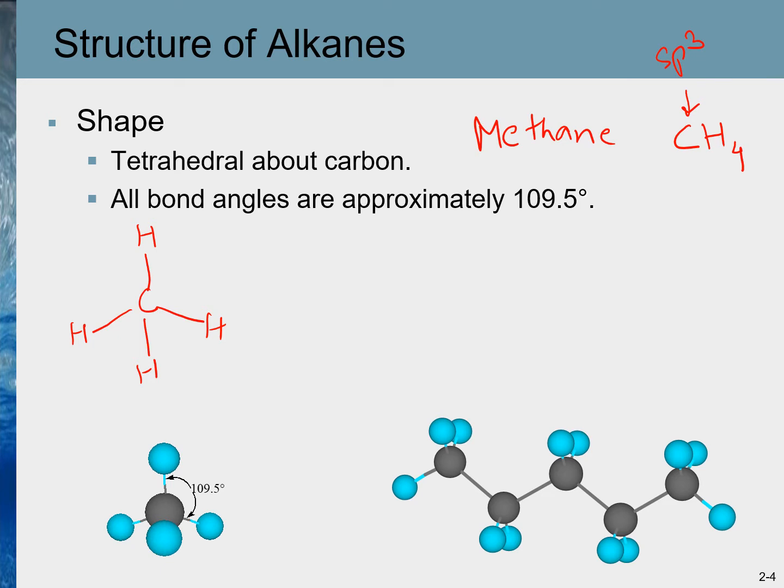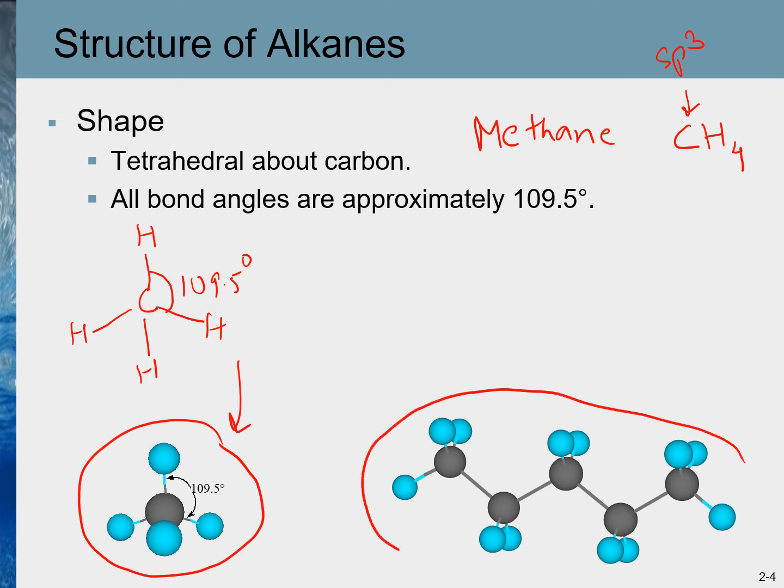A ball and stick model of methane is shown here. In this model, the black sphere represents carbon and blue sphere represents hydrogen. In tetrahedral arrangement, we already know that each bond angle is 109.5 degrees. Another example of an alkane is represented here.